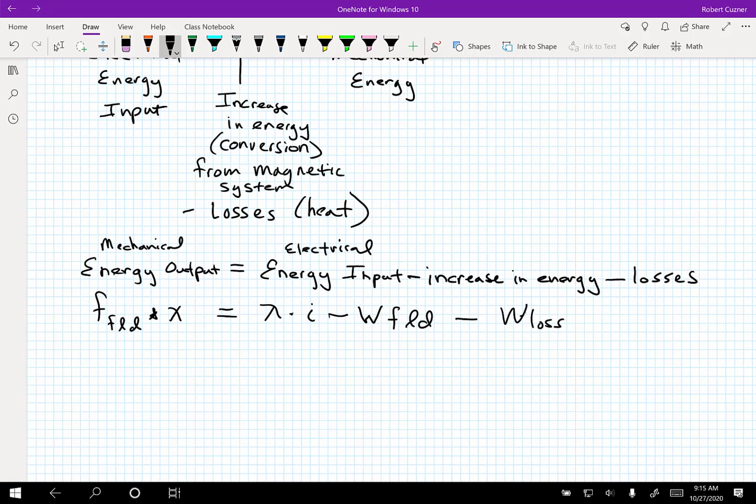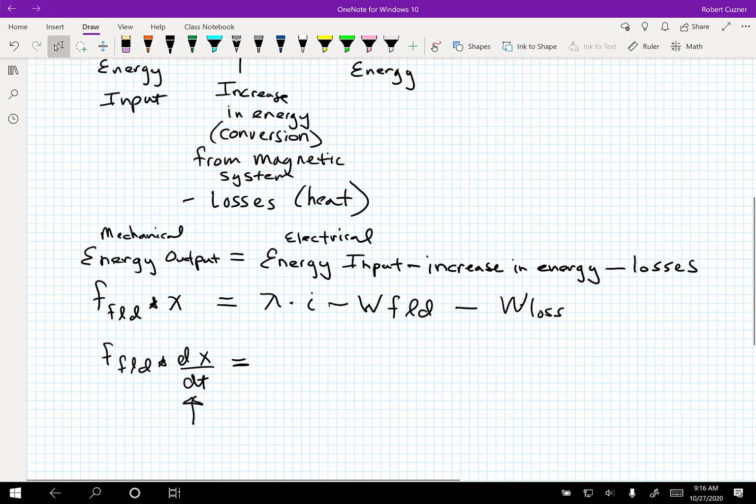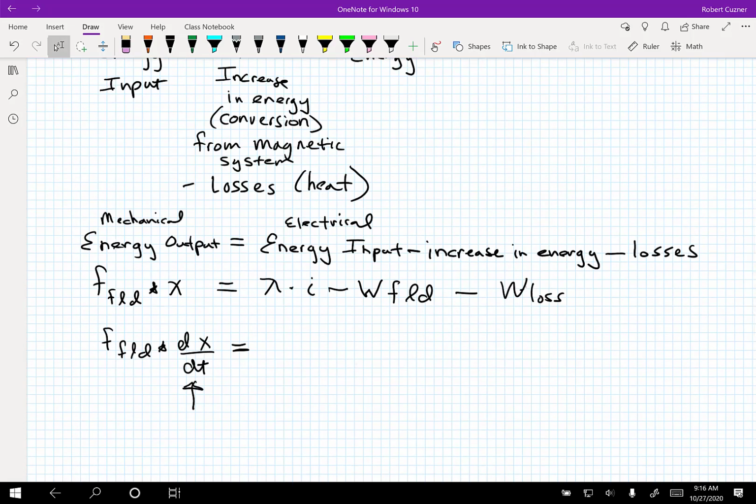So I'm going to take the derivative of both sides of this equation with respect to time. And what I'll end up getting is this. So we really don't get any energy output unless we have a movement in position, either linear or angular position with time.